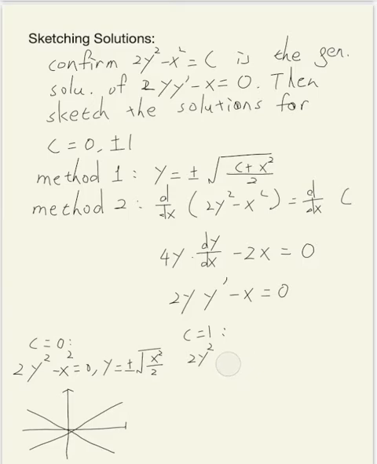So it's just 2y squared minus x squared equals 1, because I think that's the general formula for hyperbolas. This is the formula of a hyperbola, and it looks like this. This is just a rough sketch.